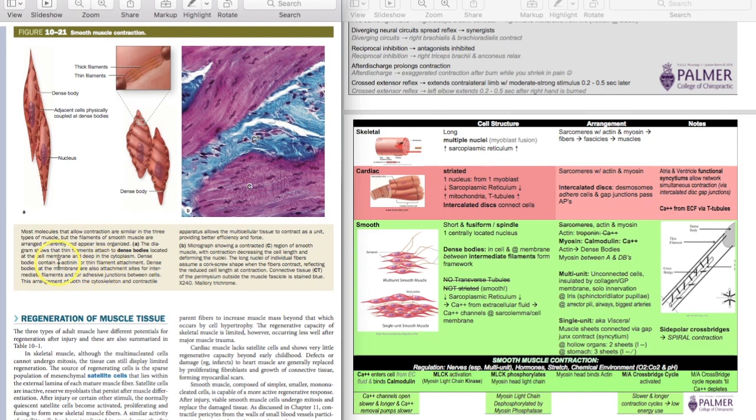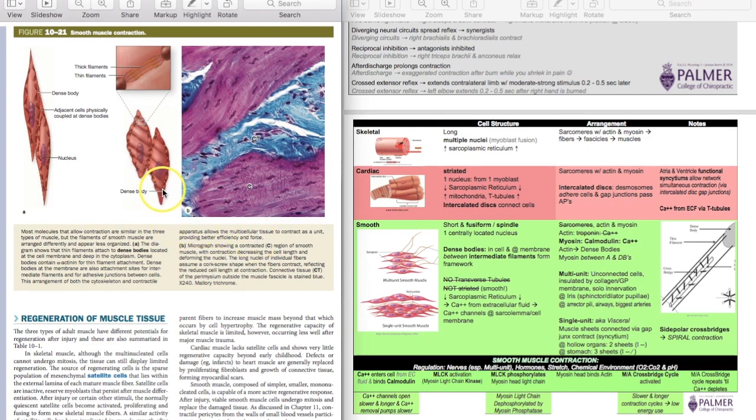Dense bodies contain alpha-actinin for thin filament attachment. Dense bodies at the membrane are also attachment sites for intermediate filaments and for adhesive junctions between cells. This arrangement of both the cytoskeleton and contractile apparatus of the smooth muscle cell allows the multicellular tissue to contract as a unit, functional syncytium style, providing better efficiency and force.